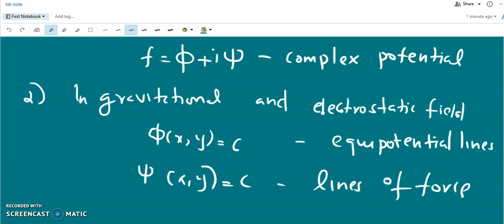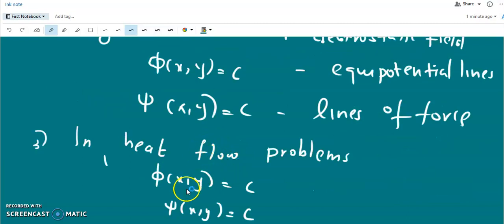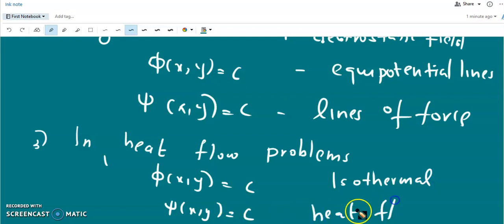Similarly, in heat flow problems, phi of xy equal to constant represents the isothermals, and psi of xy equal to constant represents the heat flow lines. So heat flow lines are imaginary lines, and they form the imaginary part of the complex potential.